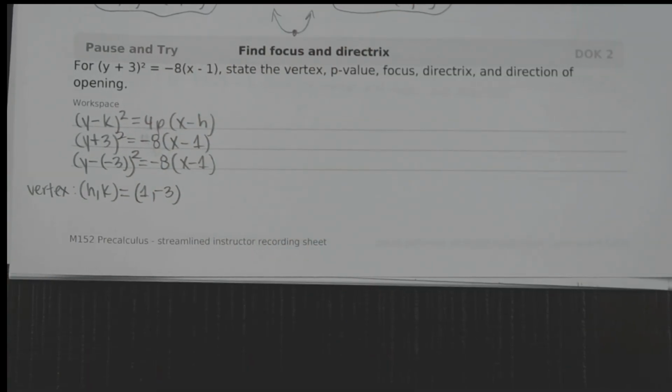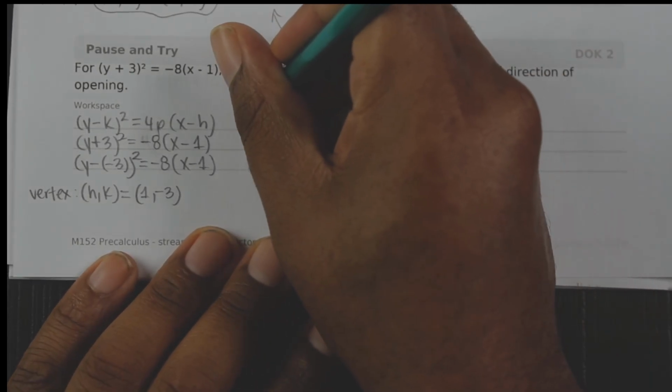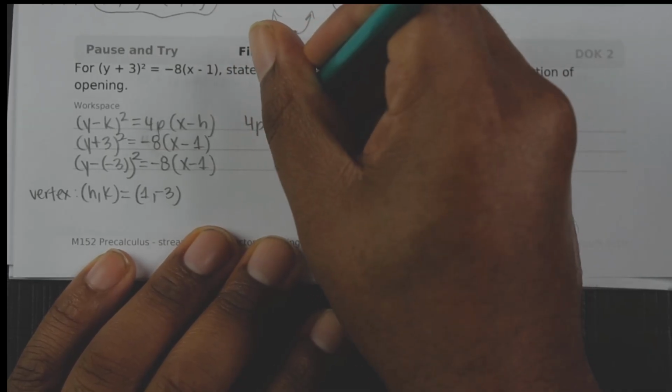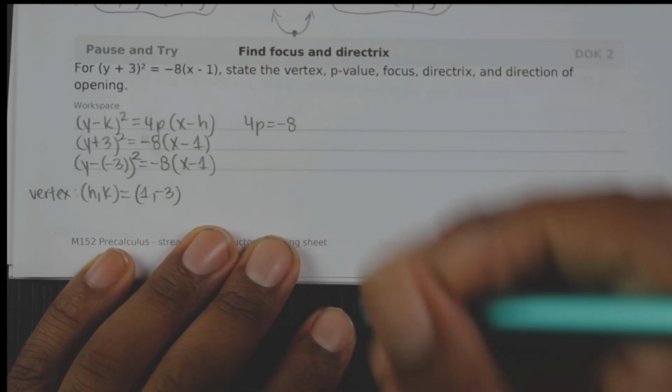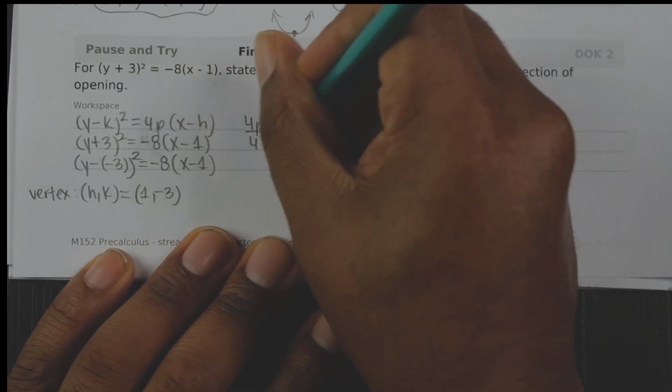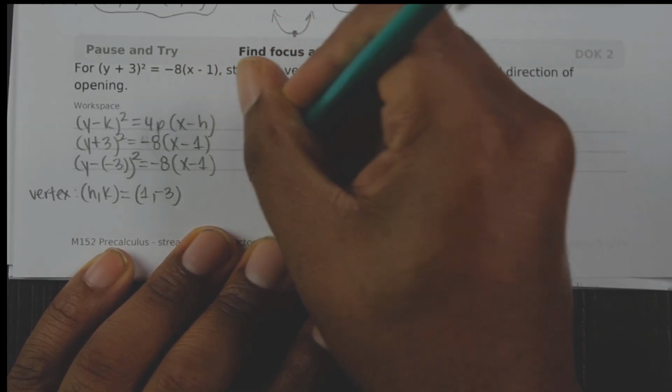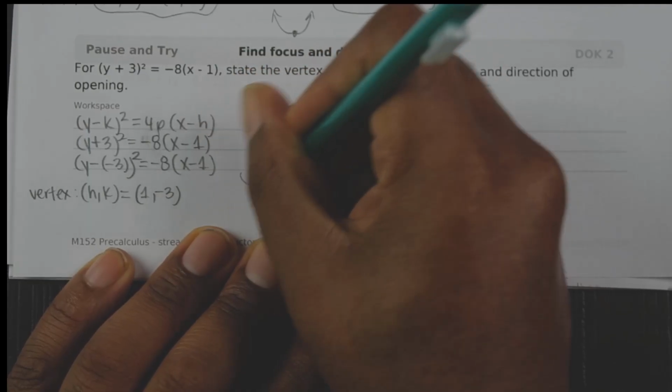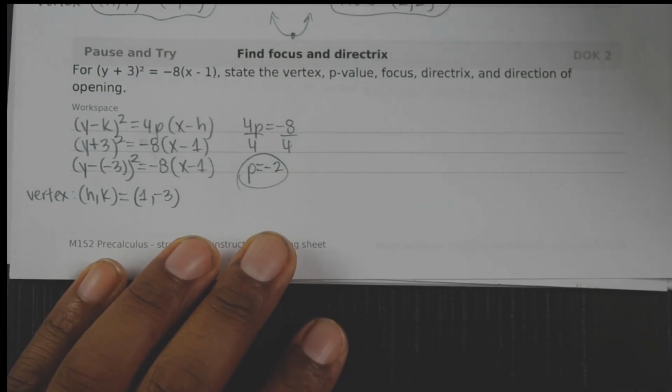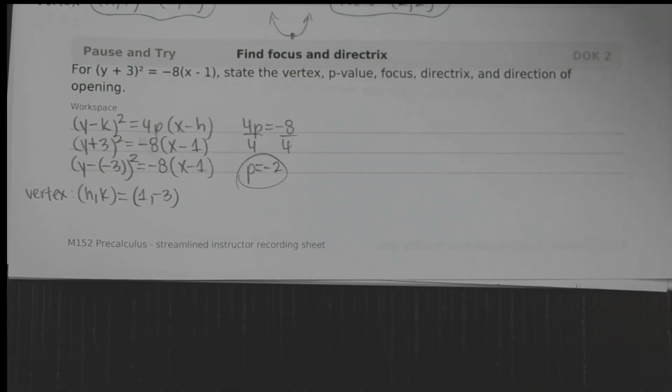Okay, so we have our vertex. Now we have to find P. So 4P is equal to -8. Divide both sides by 4. We have P is equal to -2. Okay, and then just recall how we found the focus point and the directrix.